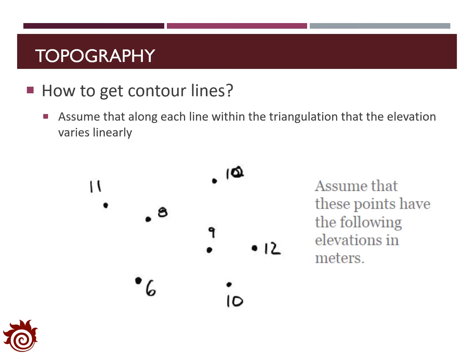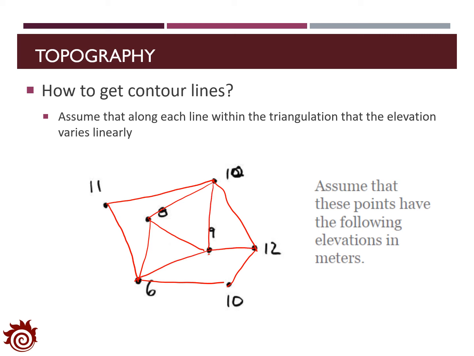With the triangulation that we generated previously, and given the elevation of each data point, we will then need to see how to create the topographic map, which means we want to find out the contour lines with the same elevation.